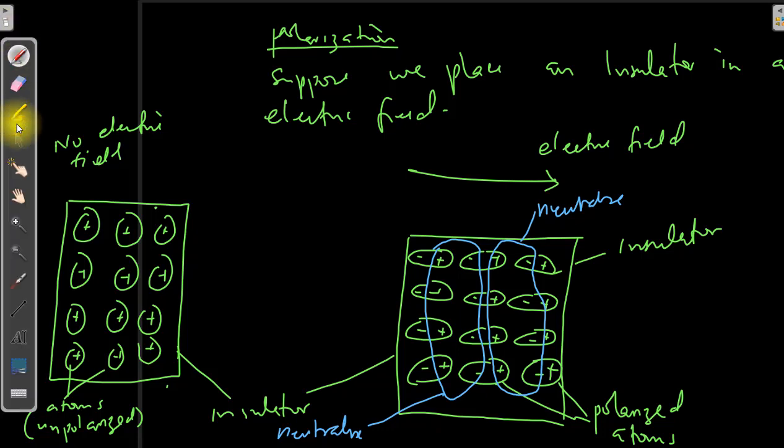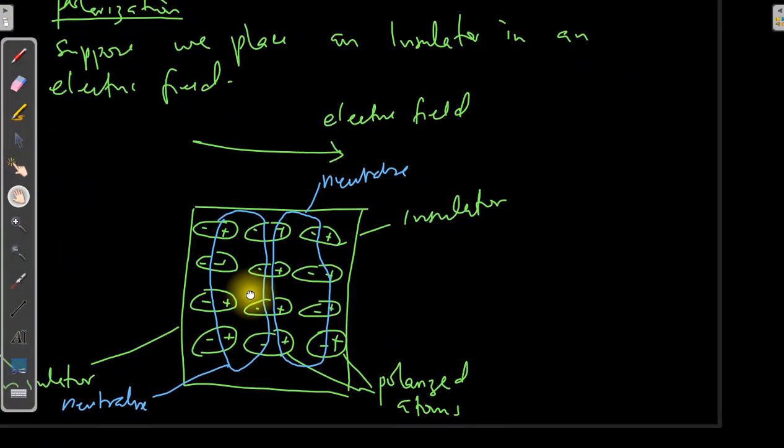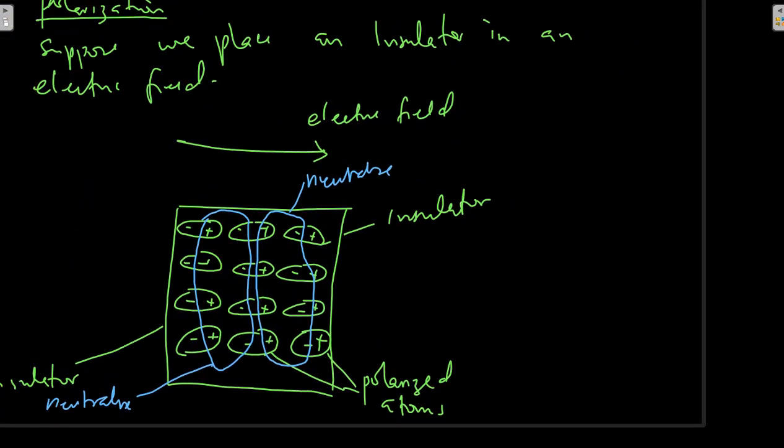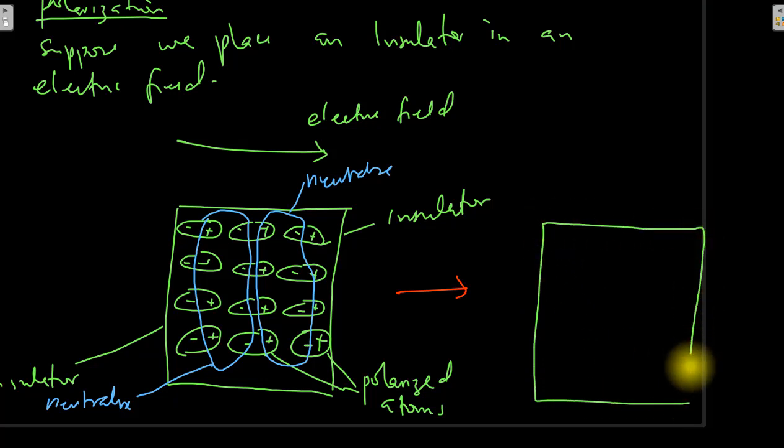So the final effect will look like this. Finally, our insulating material would look like this. This side is going to be negatively charged and this side is going to be positively charged. So it is as if induction has occurred inside the insulating material.